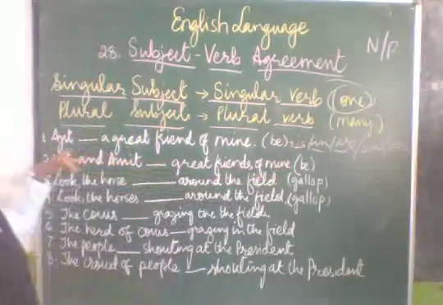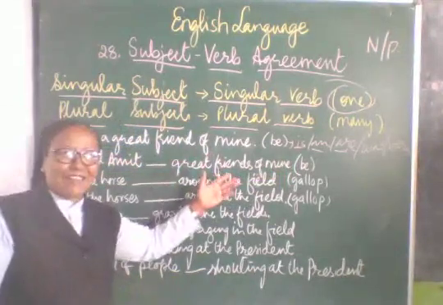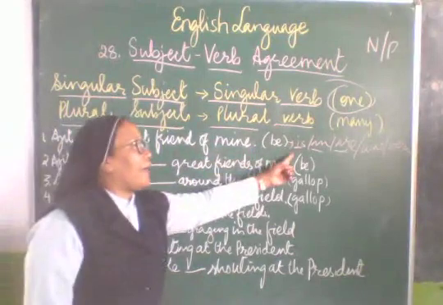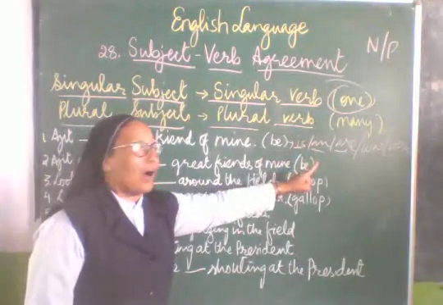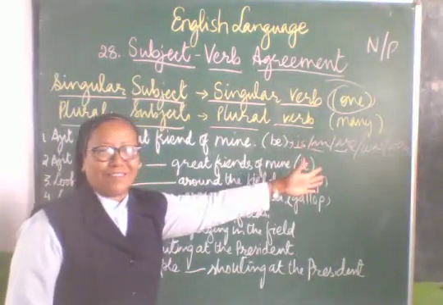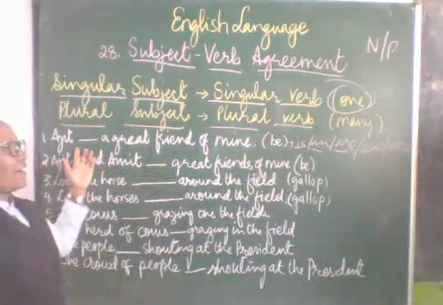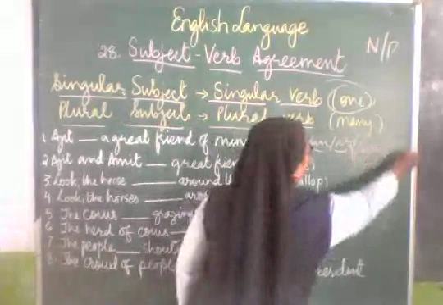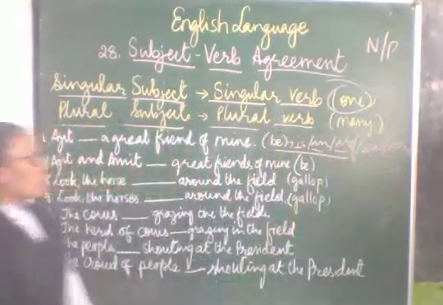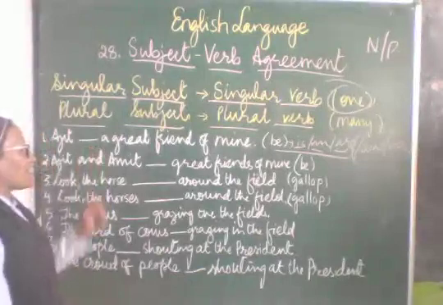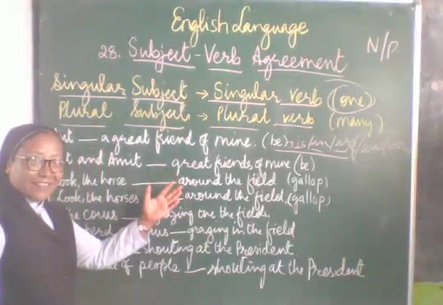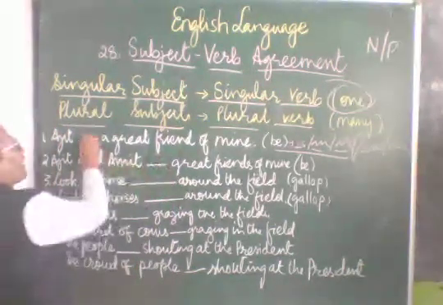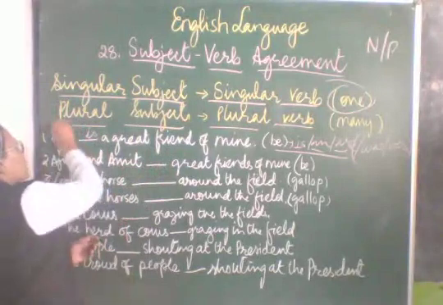So Ajit, a great friend of mine. Should I use Ajit am, Ajit is, Ajit are, Ajit was, Ajit were? Let's take it as present. Ajit is.